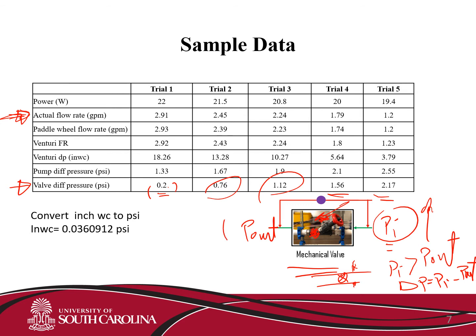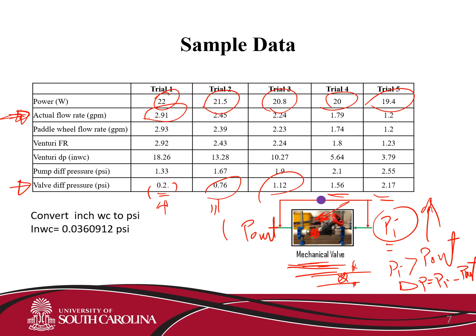So by changing the mechanical valve or control valve, we get a different condition. When we change this value, we get a different value of power. By changing this area, we get less power, and obviously less actual flow rate.